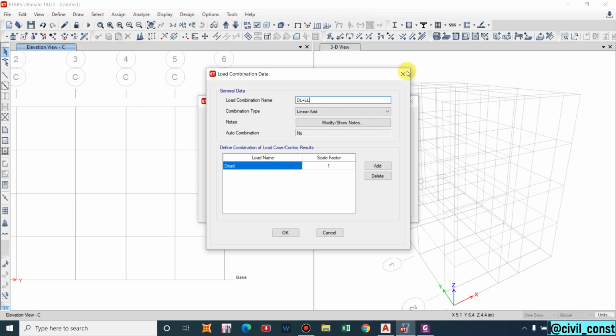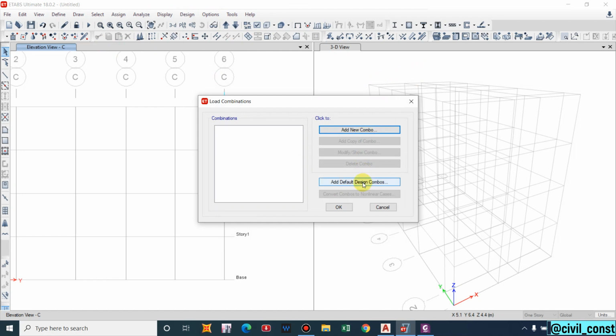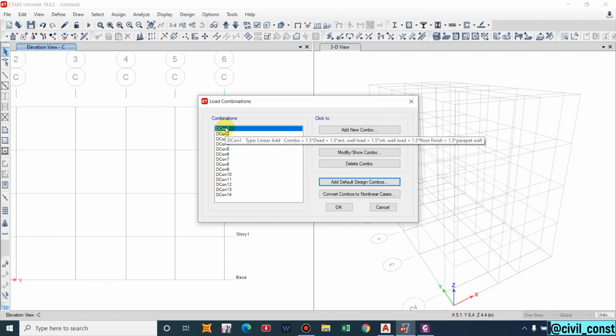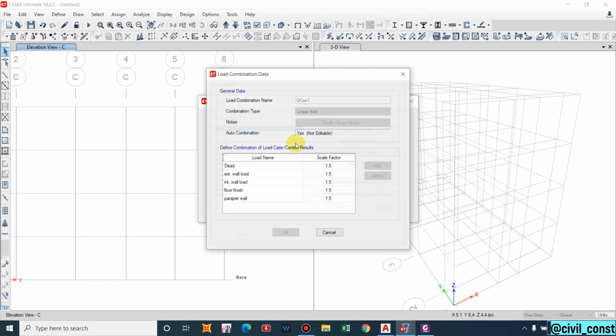But we are using IS code, so we have a default load combination for concrete designing. So check for concrete frame design, and okay, so we have got the load combination. Now if we see here, it says 1.5 times of dead load, these all are dead loads.